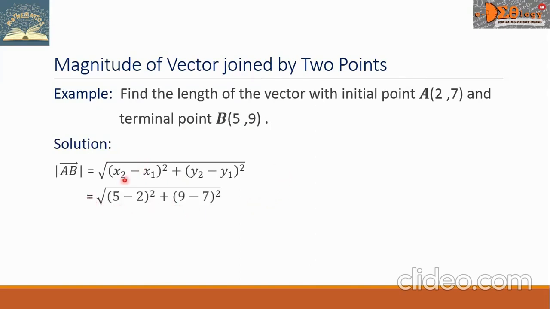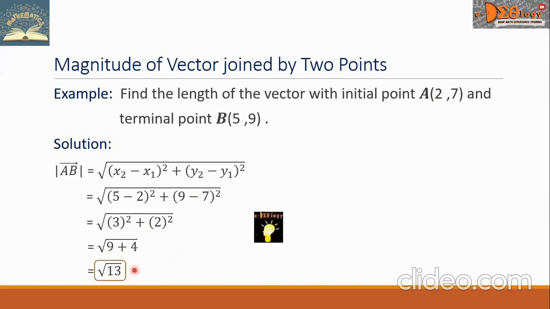So we have this big square root, the quantity 5 minus 2, and this is squared, plus the 9 minus 7, this is also squared. Simplifying further, we have this 3 squared plus 2 squared. And it becomes the square root of the quantity 9 plus 4, and the final answer is square root of 13.